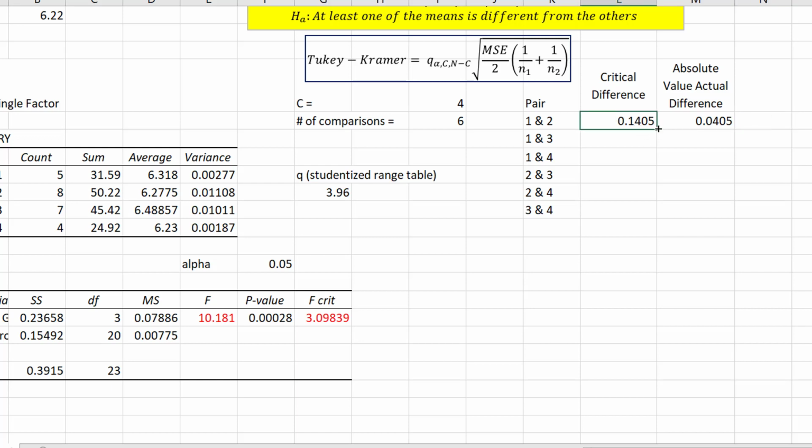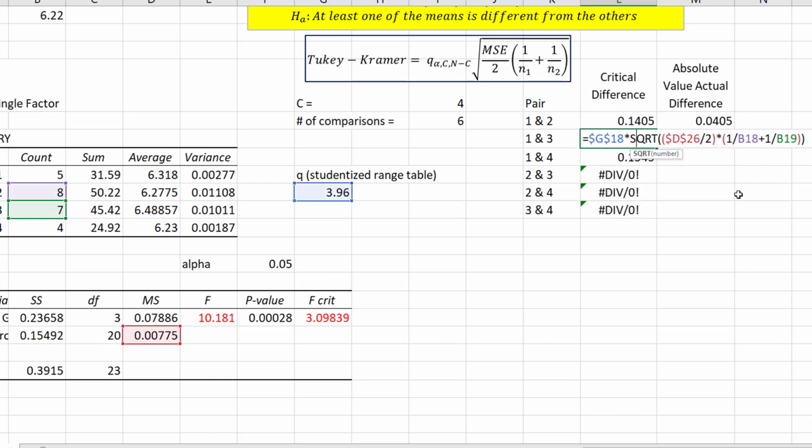Now, notice I can copy this, but it's not going to work perfectly. I can go in here and see what I need to change. So this is 1 and 3. I know I need to change this sample size to 1, and that sample size looks like it already moved down to 3. The next one, I'm double clicking on these. I need category 1 again, and then I need 4, which looks like it changed just fine.